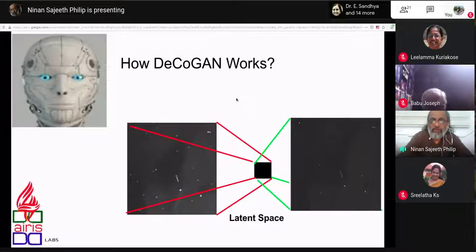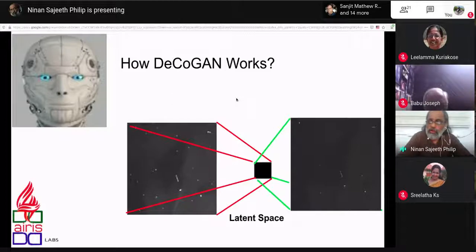This transformation involves a lot of learning and a lot of computational power, but this is the learning that the generator has to do. And the discriminator looks at what the generator produces at every instant and says whether the image is good or not.